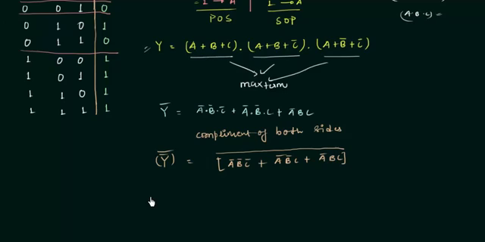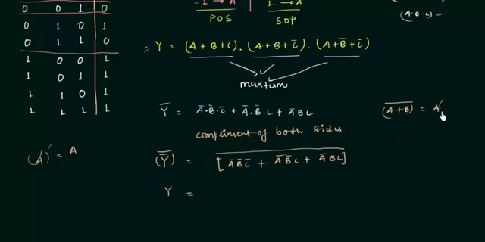We will use De Morgan's law. I hope you remember it. And when you take the complement of something already complemented, like if you take the complement of A complement, you will have A itself. In the same way, the left hand side will have Y. That's what we want, and we will use De Morgan's theorem now. If you have A or B and you want to take its complement, you will have A complement, the complement of the variable.